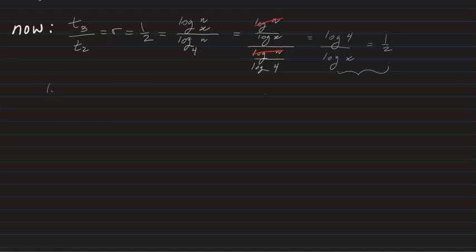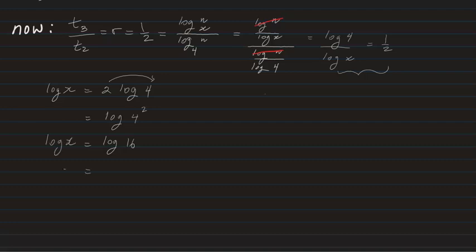So that we get log of x equals 2 times log of 4. In this case, we're going to bring the 2 to the top, and that would be log of 4 squared according to the log law, right? So that would be log of 16, and we have log of x.